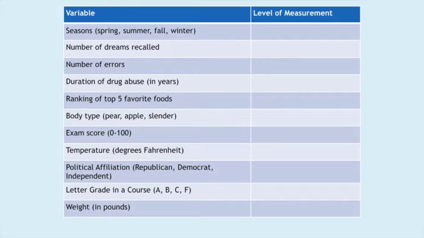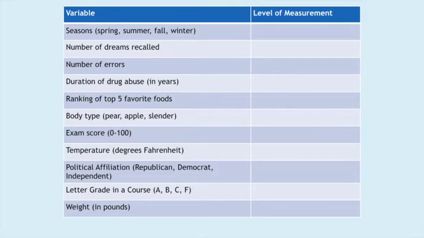Next, body type, with the options of pear, apple-shaped, or slender. So pear being wider hips, apple being a bigger stomach area, and slender just being kind of straight up and down. This would be measured as nominal because there are 3 categories, but they're not ordered.